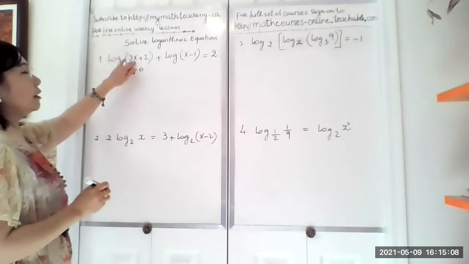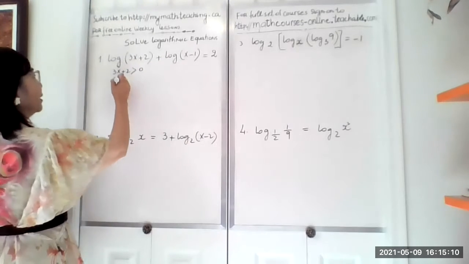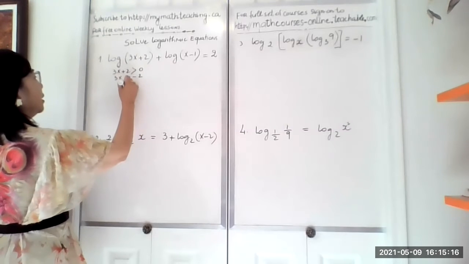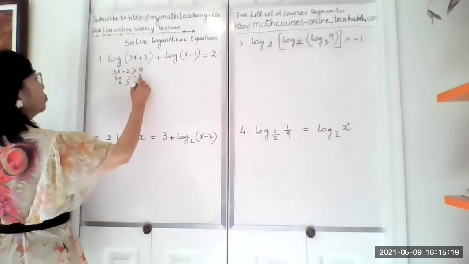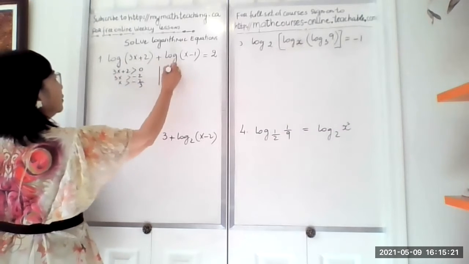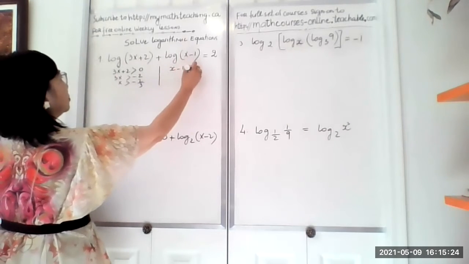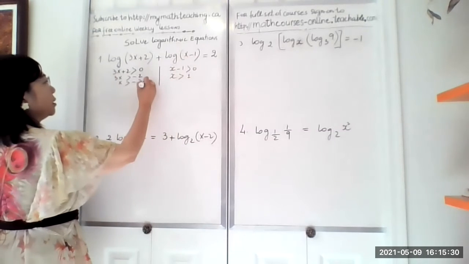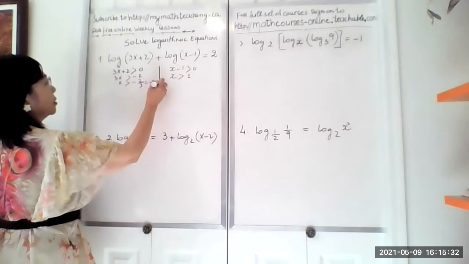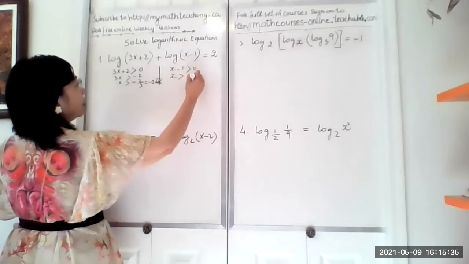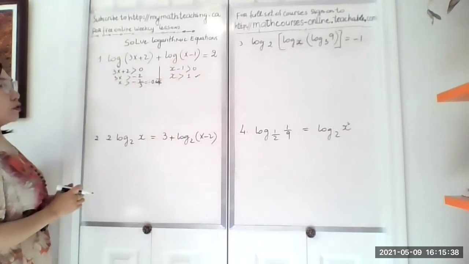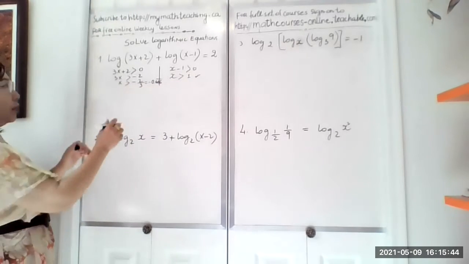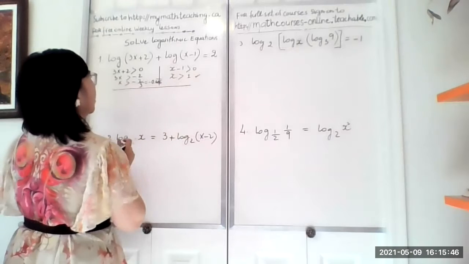Remember, we're not allowed to take the log of a negative or of 0. Solving, we have 3x bigger than minus 2, and therefore x is bigger than minus 2 over 3. The other one, x minus 1, has to be bigger than 0, so x has to be bigger than 1. Now minus 2 over 3 is minus 0.666 repeating. This is the condition we pay attention to, because as long as you satisfy x bigger than 1, you satisfy the other as well. So that is the restriction part.